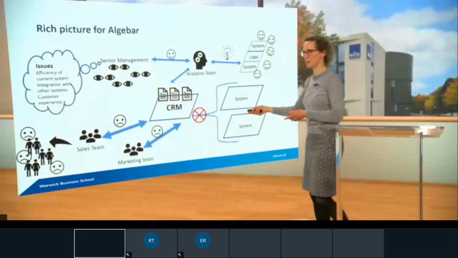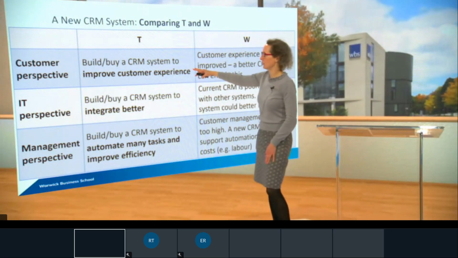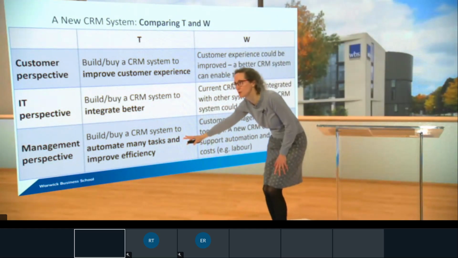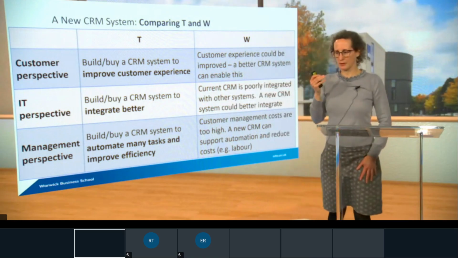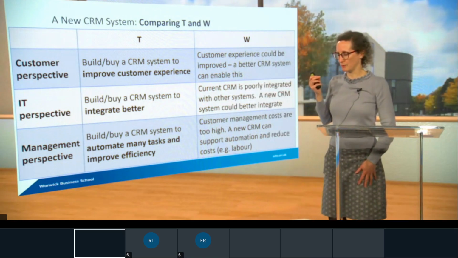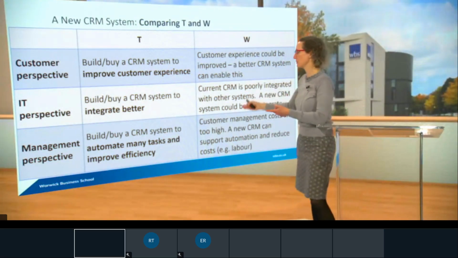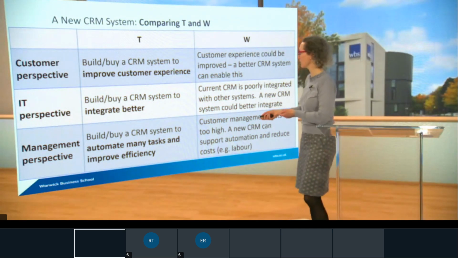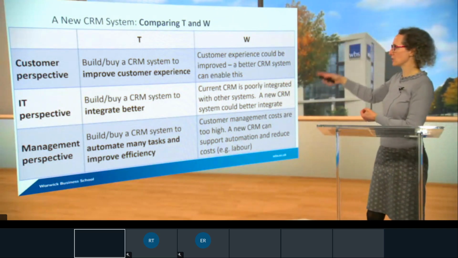And yet, when we come to the CATWO, the customer experience is appearing in the customer perspective, but it no longer appears to be something that the management is quite so concerned about. That can be quite interesting, you know, that there might be a sort of spiel about what is important, but sometimes when you come to model these things, actually, some of these things are perhaps perceived as less important than others.